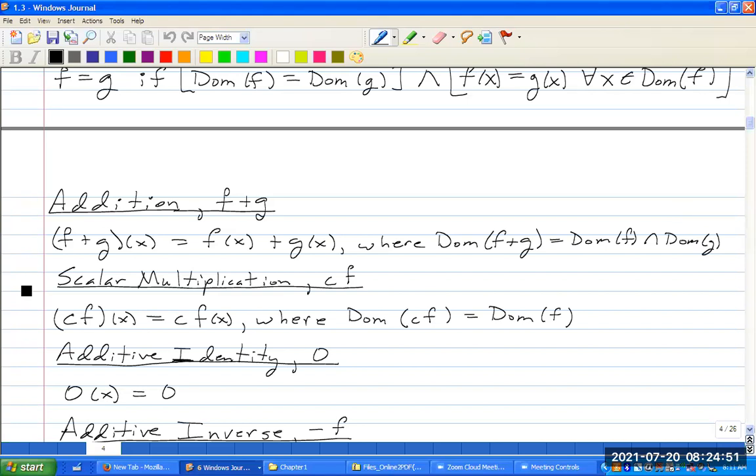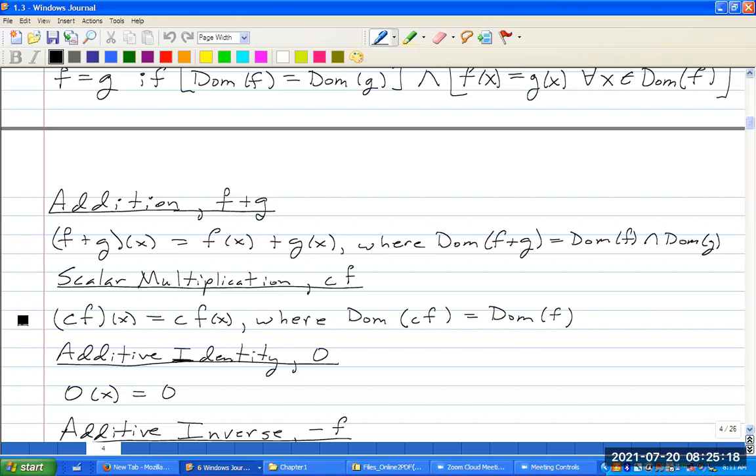Next, let's define scalar multiplication. So let c be some number, 23, and let f be some function, x squared. I'll define what we mean by 23x squared. Well, it's going to be obvious. We just mean that it's 23x squared. And so we define it pointwise.